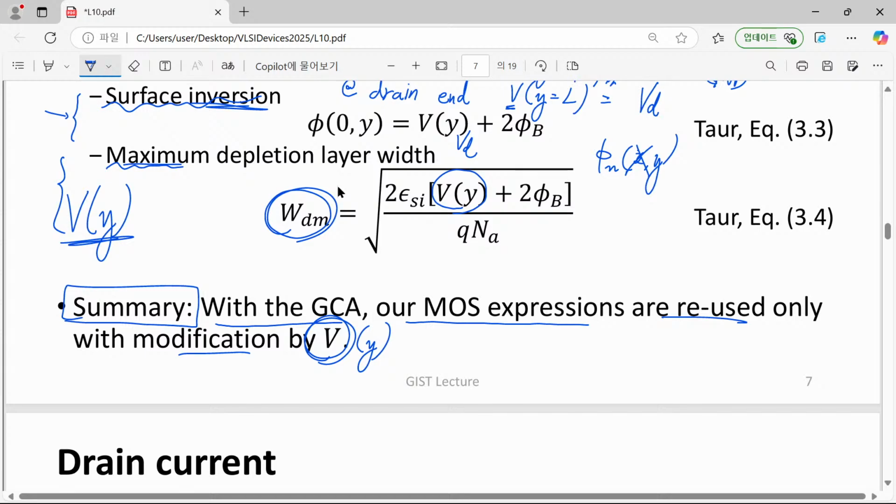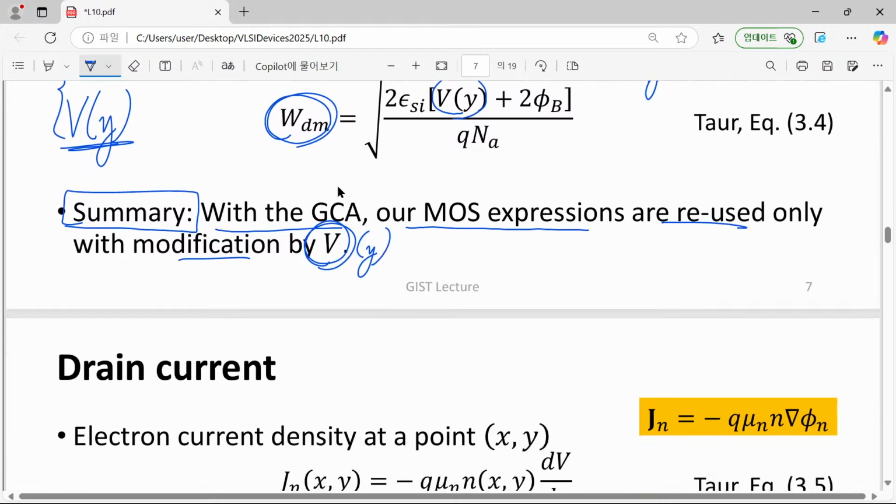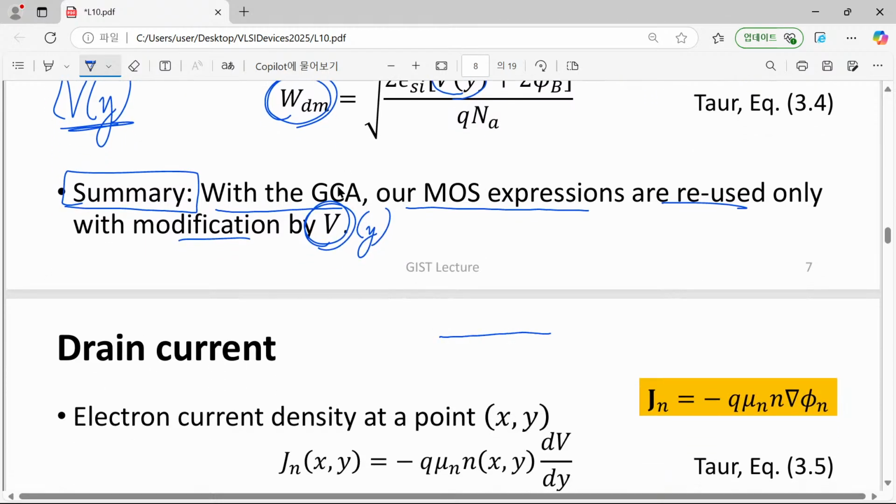So let me just give you one example. Say that here we have a 1 micrometer long sample. Wow, this is really long. And here we have V equal to 0. And let's say that we have applied a really small voltage, like V equal to 1 millivolt, just 1 millivolt.